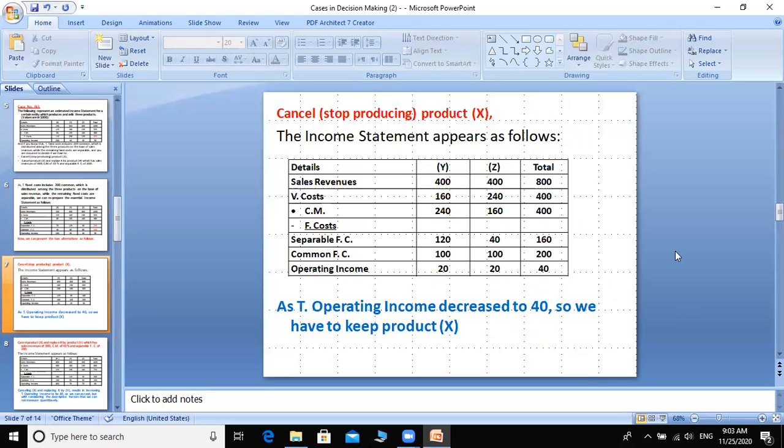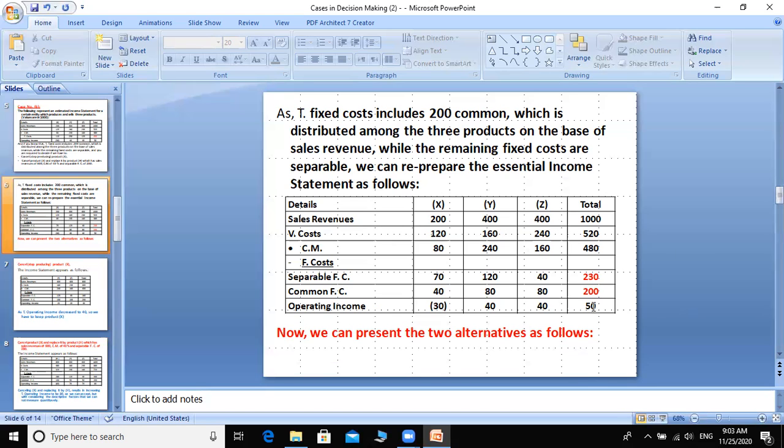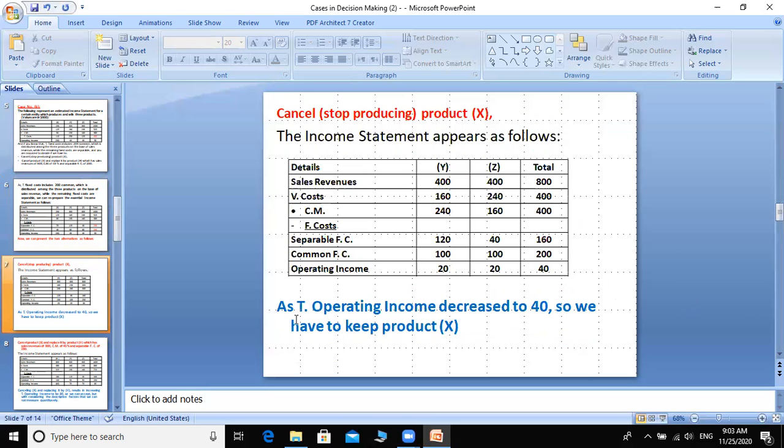The total is 40. 40 operating income instead of 50. So there is a loss of 10 because we canceled X, even though X has a loss of 30. Shall we cancel X now? As total operating income decreased to 40 instead of 50, we have to keep product X.